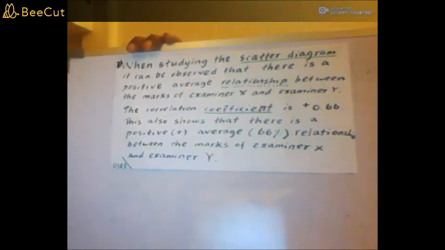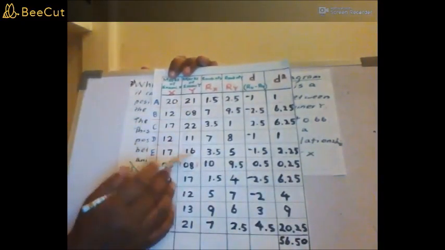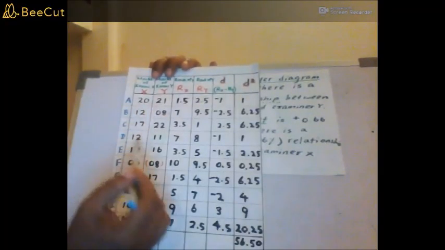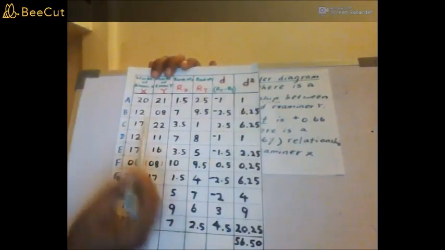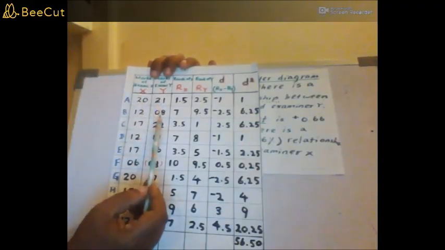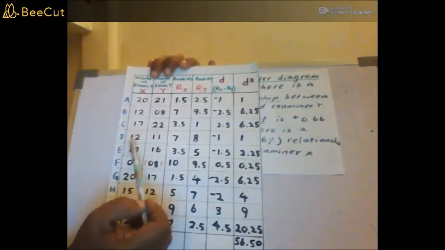And the other thing is, sometimes you can make use of the data, right? By studying these two columns also, you can see whether there is a strong relationship or perfect one. Here 20, 21, 12, 8, 17, 22. Not that strong the relationship, right?